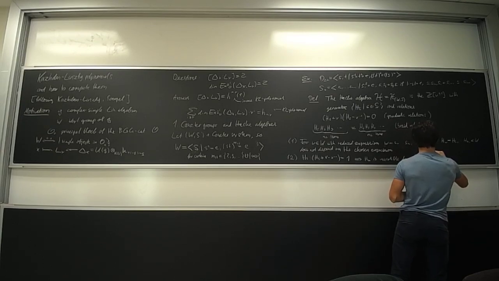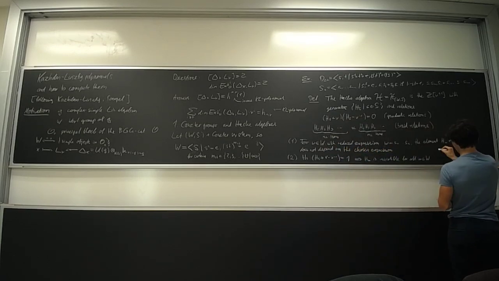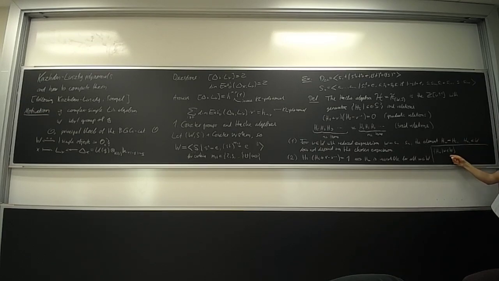And so the set H_w with w in W actually forms a basis for the Hecke algebra over the Laurent polynomial ring, and we call it the standard basis.